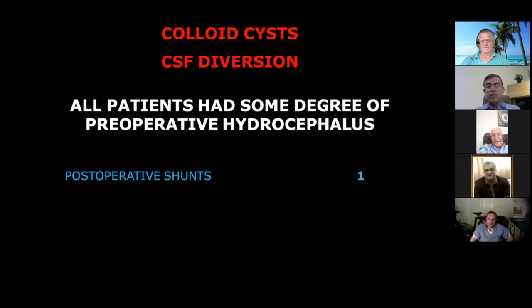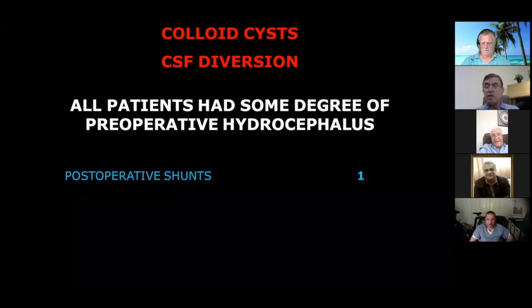Putting a shunt for colloid cyst, to my humble mind, is a crime against humanity and should be stopped everywhere. Did we need to put shunts postoperatively? Yes, in one. We had done everything, but still we needed to put a shunt. Shunt is good, but abused in many parts of the world, including the Middle East.